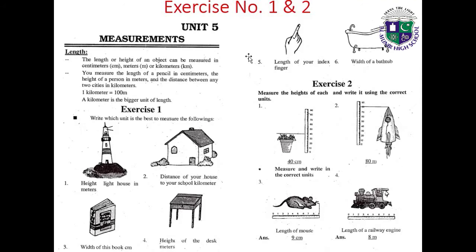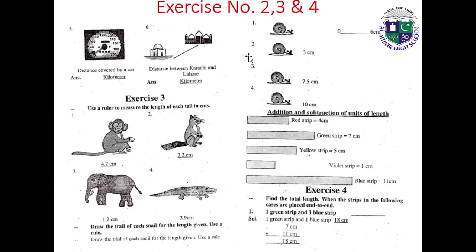Exercise number 2. Measure the heights of each and write it using the correct unit: 40 centimeter, 40 centimeter and 80 centimeter. Measure and write the correct unit. Length of house 9 centimeter, length of railway engine 8 meter. Distance covered by a car, 0 kilometer.